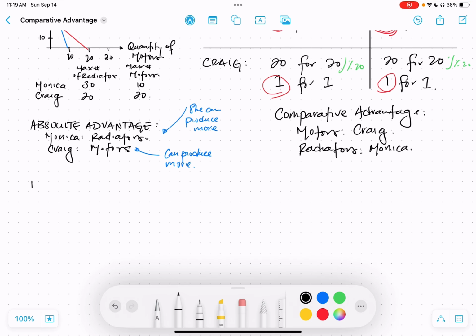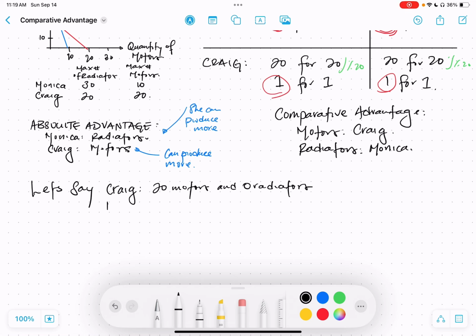Now, let's say that Craig goes ahead and just puts all his attention towards where he has the advantage and produces 20 motors and 0 radiators.